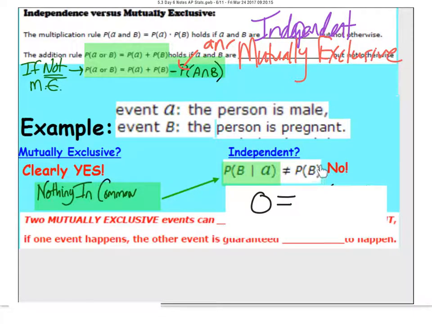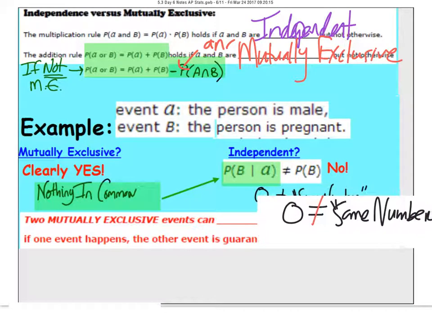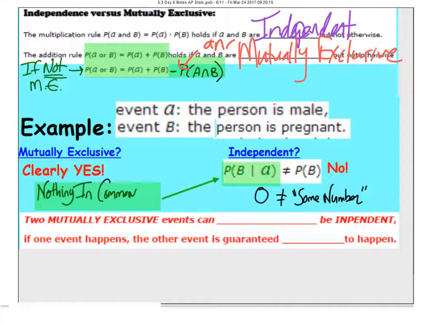So now the probability of B. What's the probability a person is pregnant? I don't know. It's just some number. There could be one woman in there that could be pregnant, and I'm not sure what the exact number is, but it's some number. Well, what that tells me is these are two different numbers, which means they are not going to equal, which means they have to be dependent on each other.